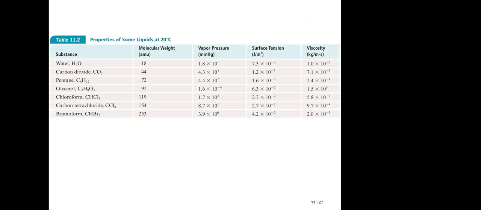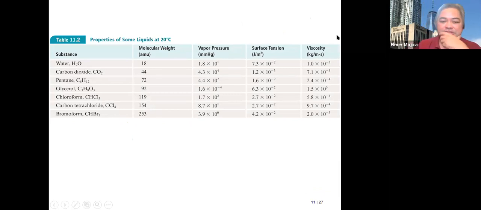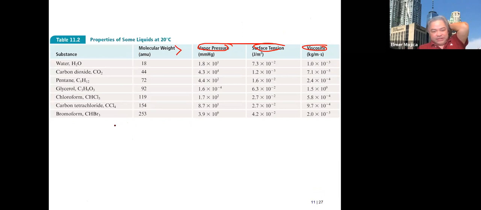Now, if we're going to look at the properties that we have discussed so far, so we have vapor pressure from the previous one, surface tension and viscosity right now. And this is where the molecular weight is. So what can we say? Can we observe some sort of a trend? So let's say if we increase the molecular weight, what happened to the vapor pressure?